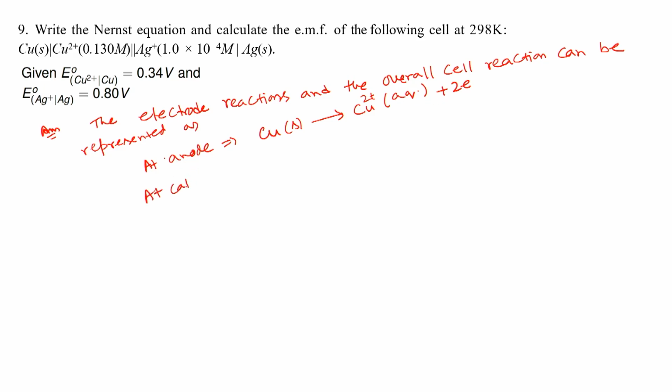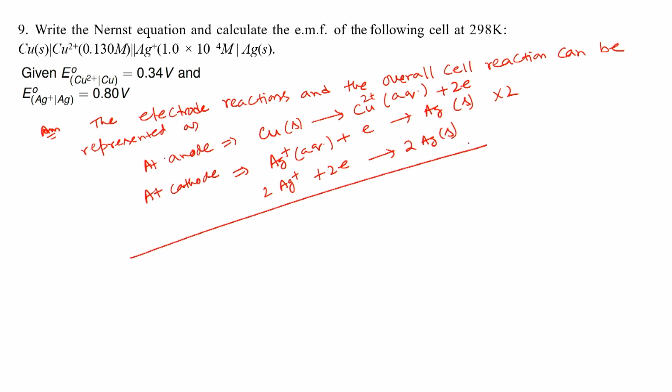At the cathode, Ag+ plus e gives Ag. Right. So if we multiply this equation by 2, we get 2 Ag+ plus 2 electrons gives 2 Ag solid.